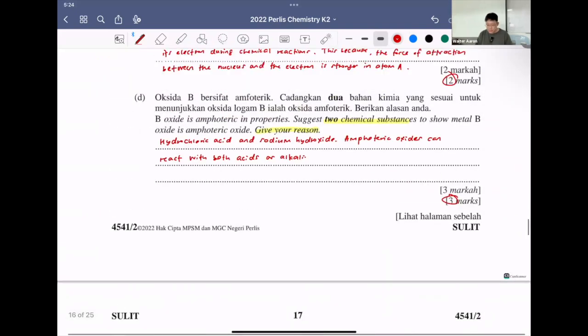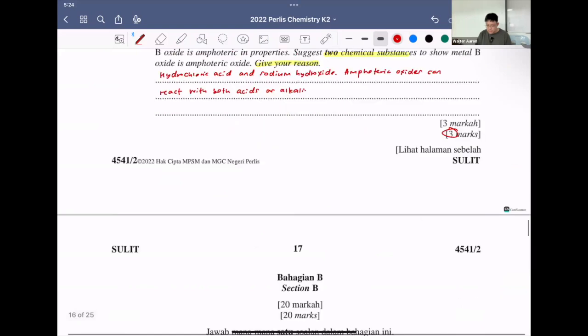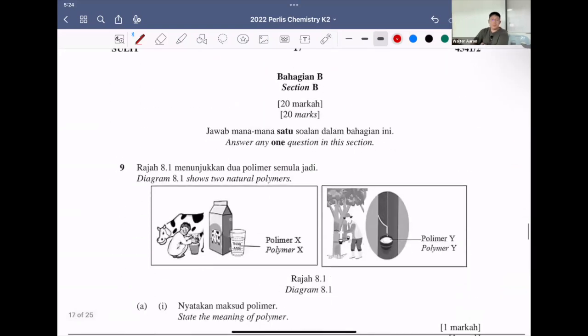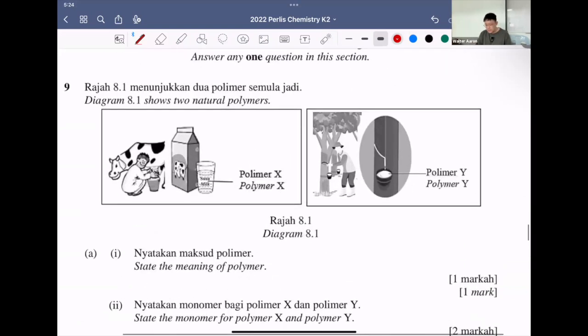Let's move on to question number 9 in section B. So the 8.1 shows 2 natural polymers. We have one which is milk, and the other one is what we see in rubber. All right. So state the meaning of polymer. I think it's very simple.